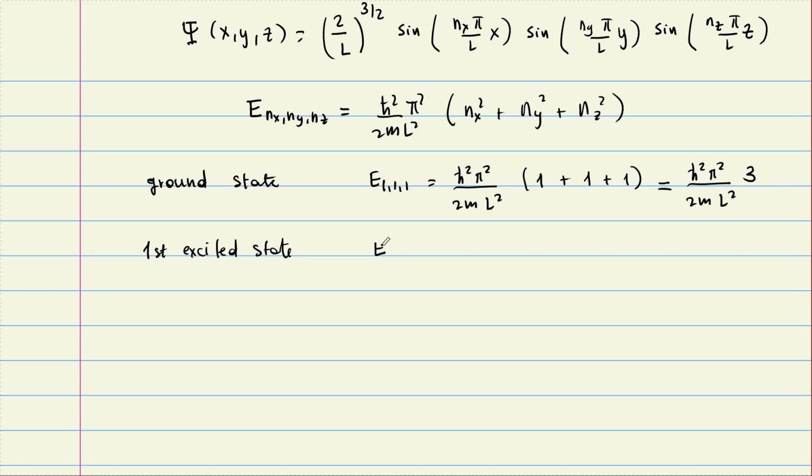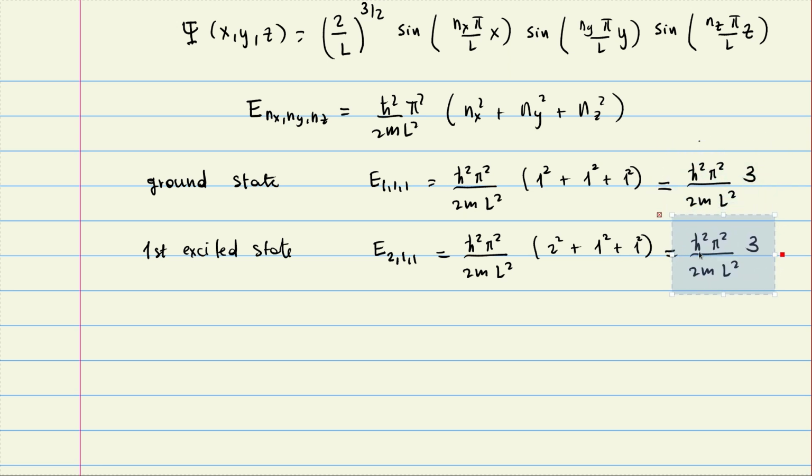For example, let's put it in the x component: E of 2, 1, 1 is exactly the same, but the first n is 2 and its square is 4. These are all squares: this is 2 squared, this is 1 squared, and this is 1 squared. So the total energy in this case, 4 plus 1 plus 1, is 6, if I'm not wrong.